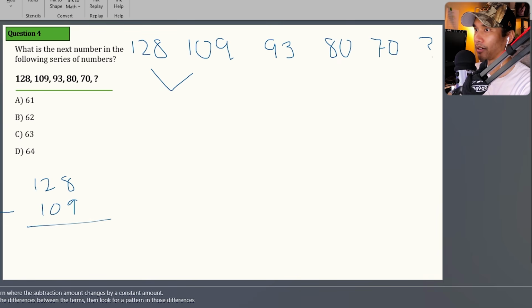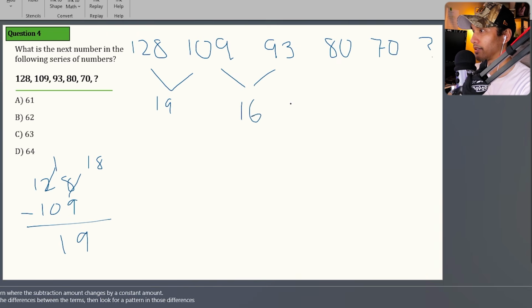Like, I made this hard on purpose because it's not like you can't do this in your head, right? That's 19. 109 to 93, right? Can you do that in your head? Yes, you can. That's 16. And then 93 to 80, that is 13. Then 80 to 70, that is 10.